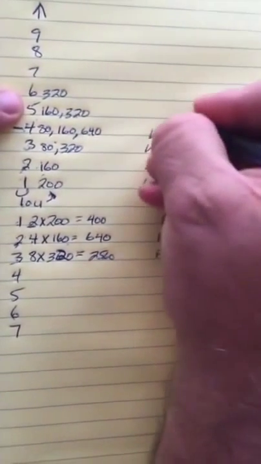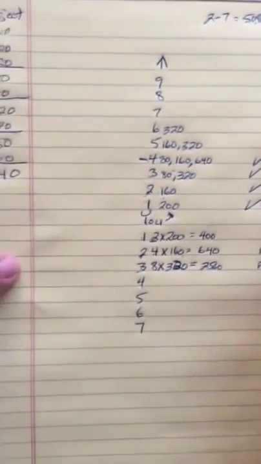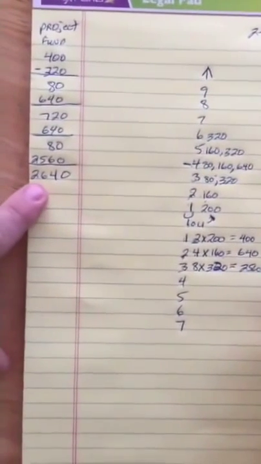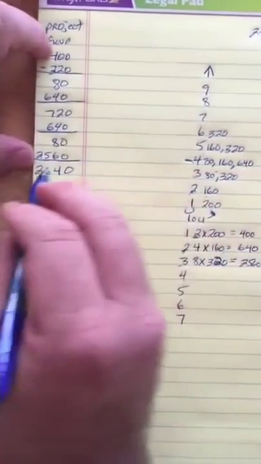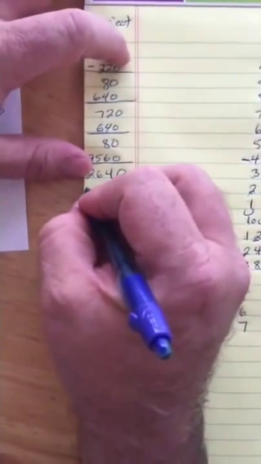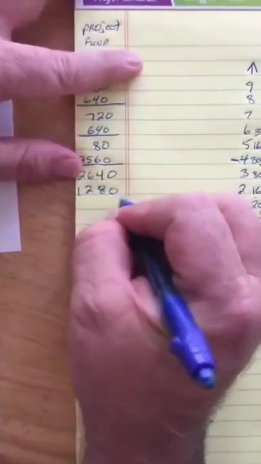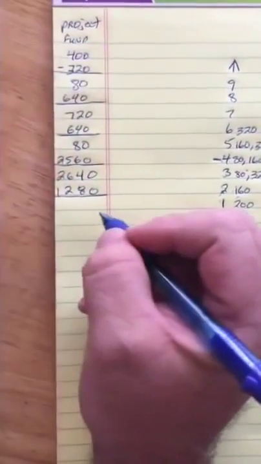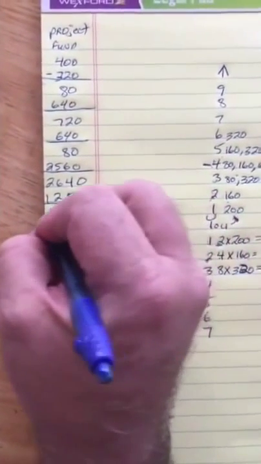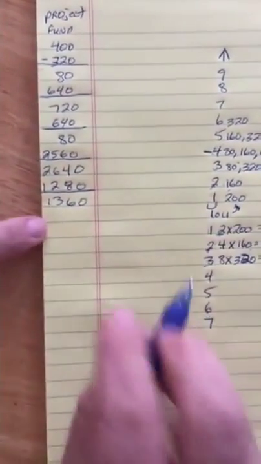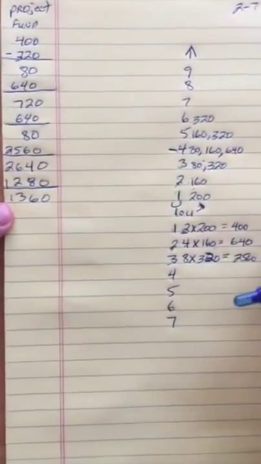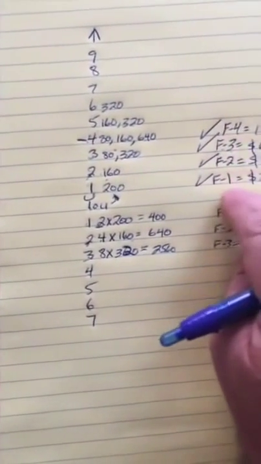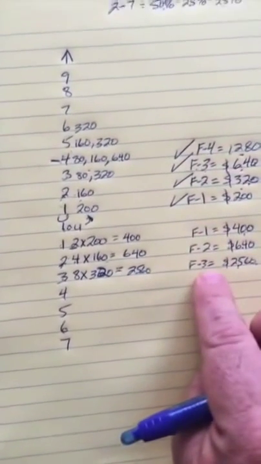Now your 4th floor is funded. So you gave $1,280 to floor 4. So we need to go over here and subtract 1,280 from your 2,640, which leaves you $1,360 in your project fund after funding 4 floors and receiving on 3 floors.